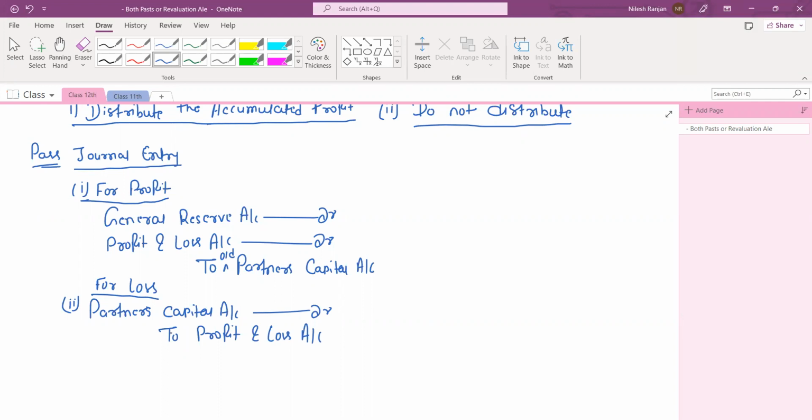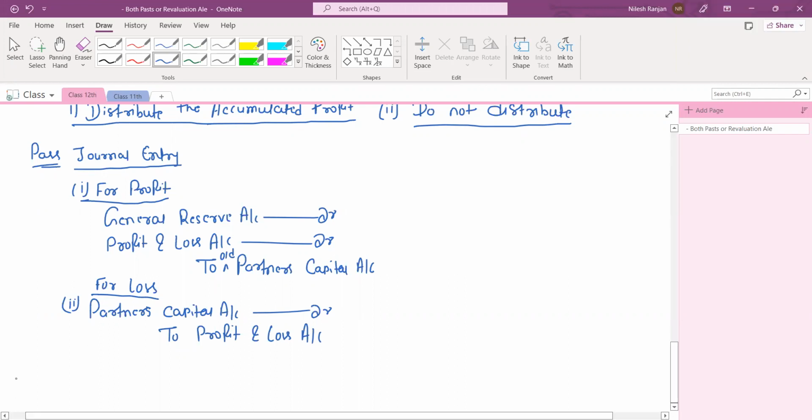Like provident fund, we can't distribute, it is payable to employees. There are many items that are restricted and cannot be distributed between partners. That is not called profit, so we don't distribute that kind of reserve.